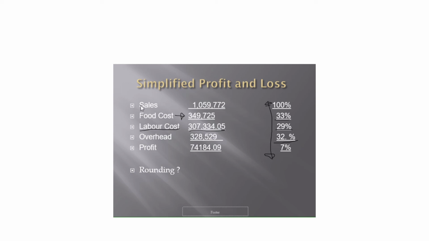If we take our sales minus our food cost, our labor cost, and our overhead costs, it would equal our profit. And in this case, our profit was $74,184.09. Now, is this good?